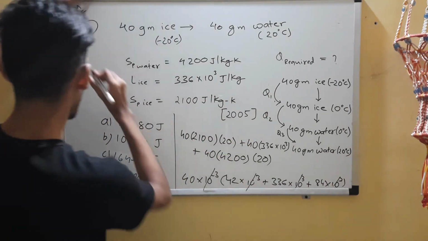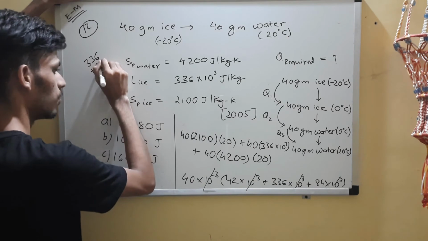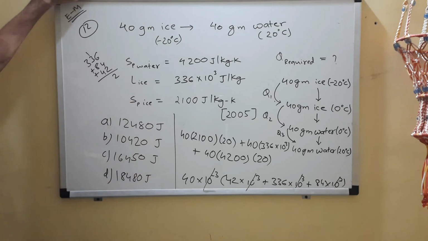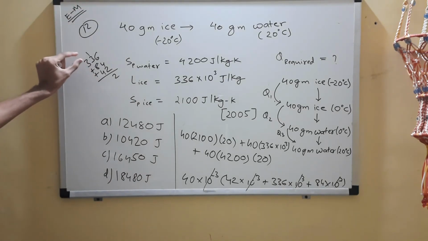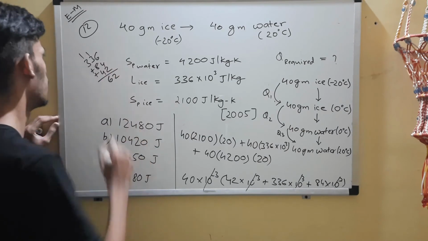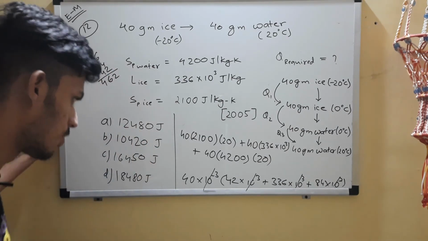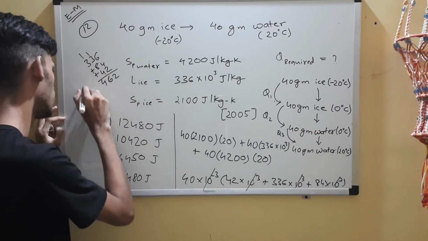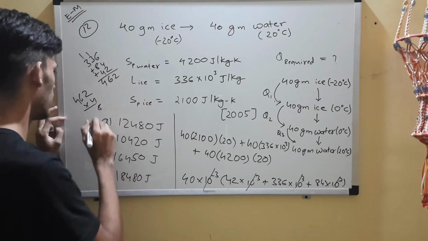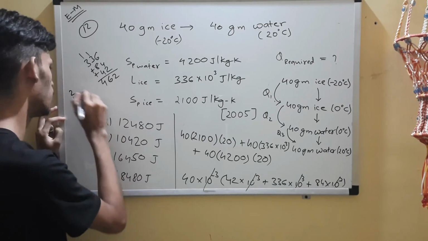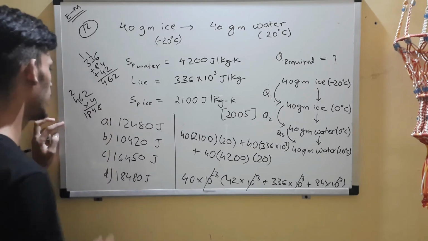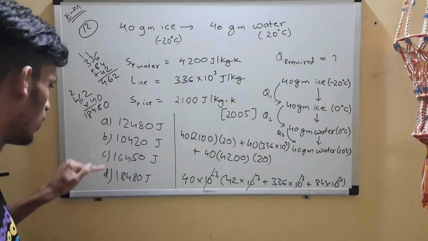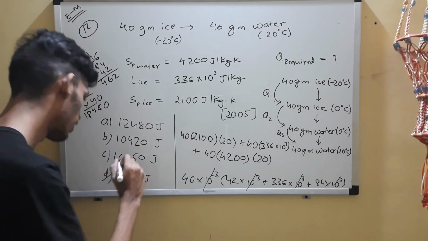So we just have to add 336 plus 84 plus 42. That is 462, and 462 into 40. 462 into 4: 6 4s are 24, carry 2, 4 4s are 16, 17, 18, 1848. It was into 40, right? So 18480. Quite a simple question.